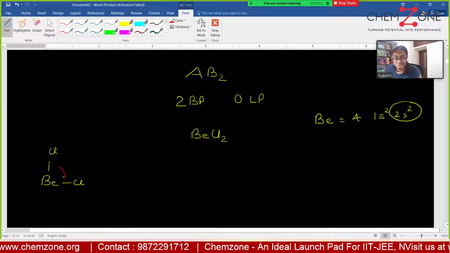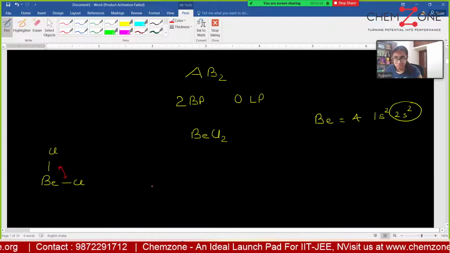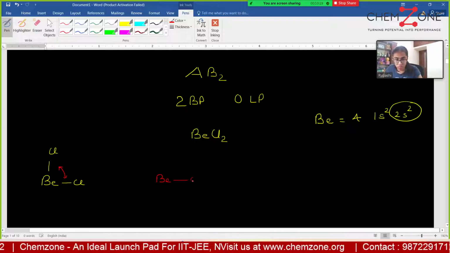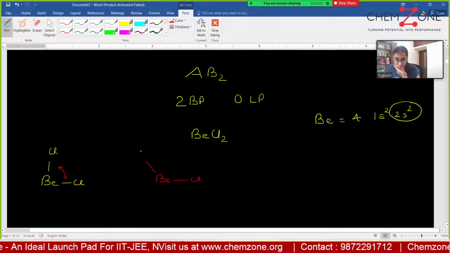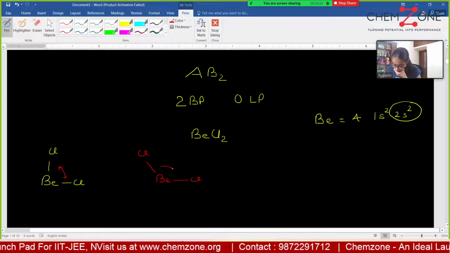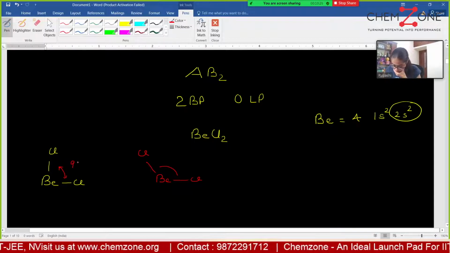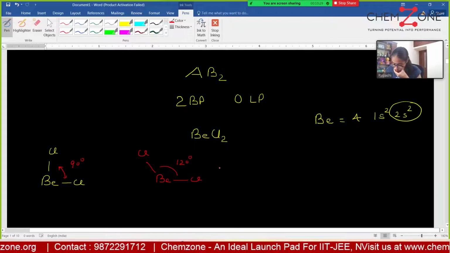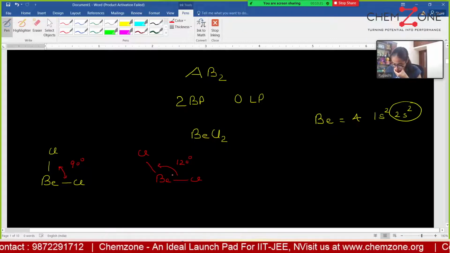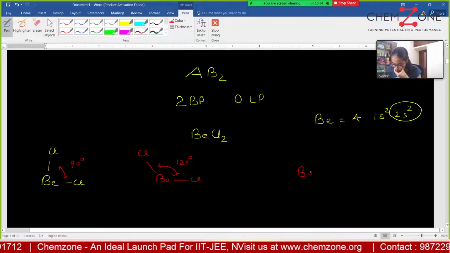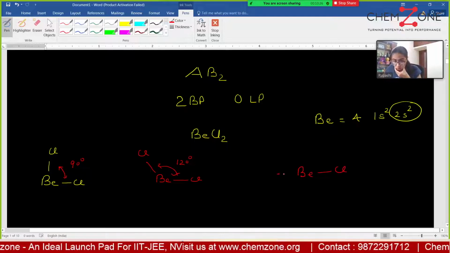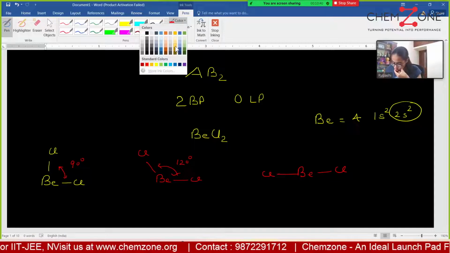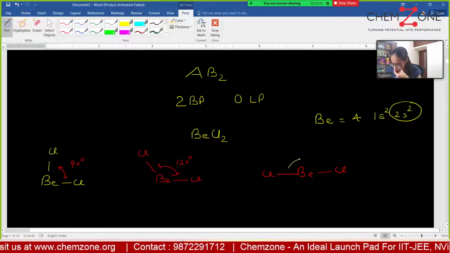These two bond pairs are repelling each other, and due to this repulsion, here bond angle is 90 degrees and here bond angle is 120 degrees. Still it can repel more, and the final structure where the repulsion becomes minimum and stability maximum is at 180 degrees.